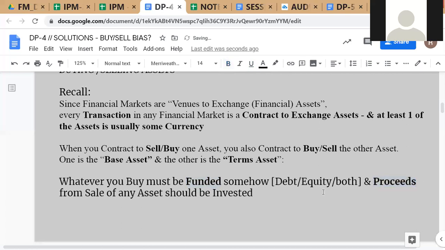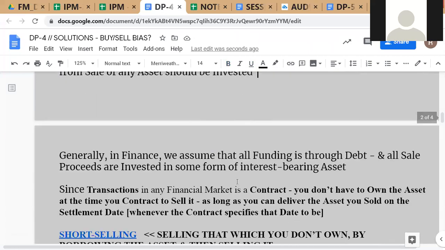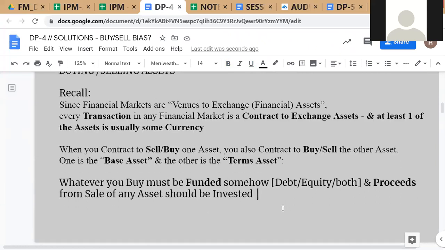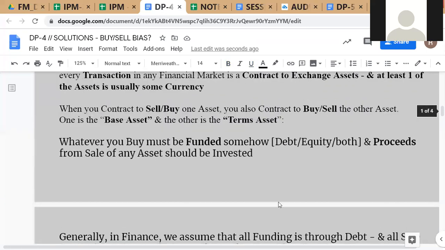So this relates to the idea in this second preface, the idea of short selling. You also have to think about funding, that you always have to think about how you are going to finance something.